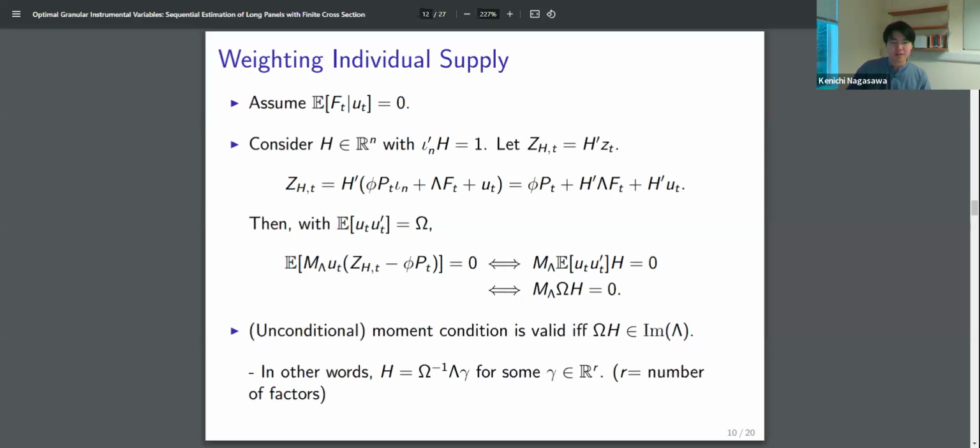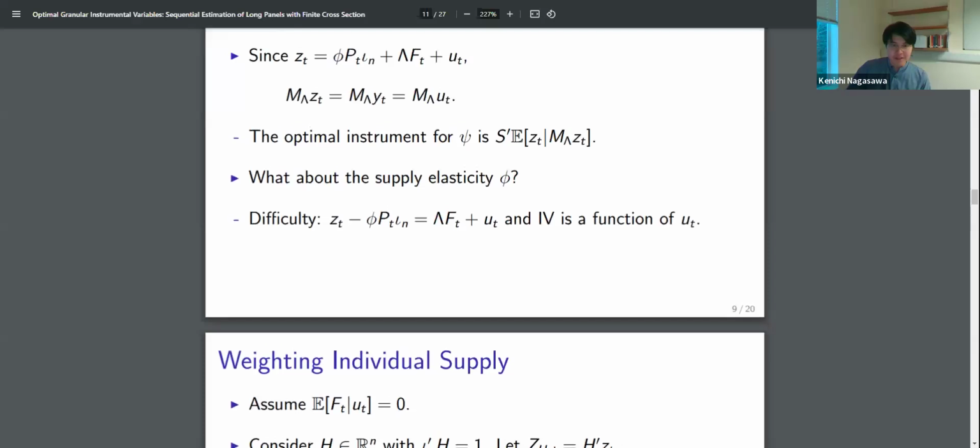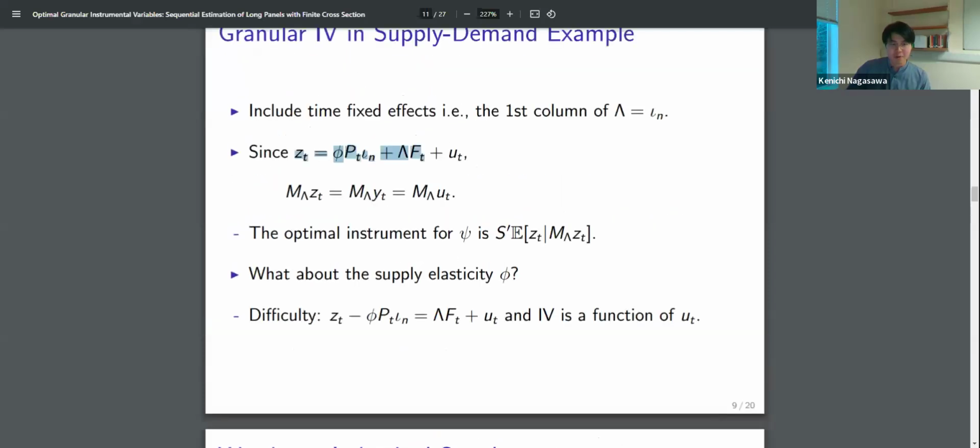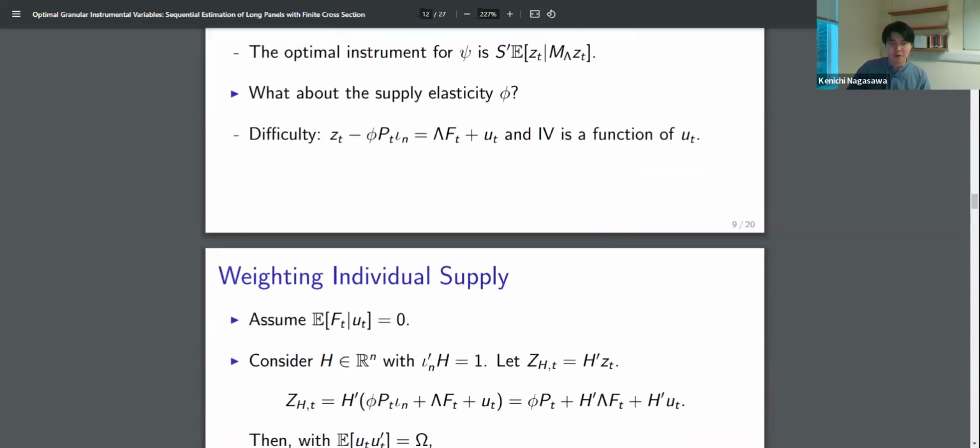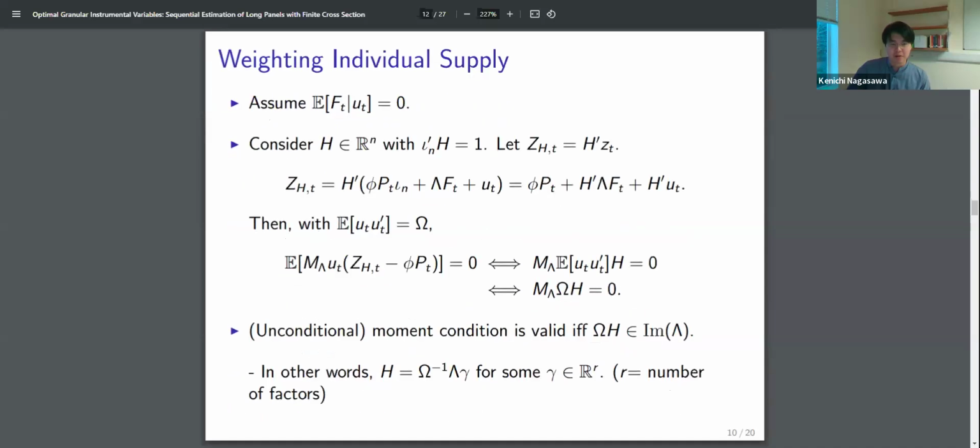Using the interactive fixed effect formulation, we can see that this Z_HT takes this form, where the first part is just phi times P_T, and the rest is weighted by the vector H.